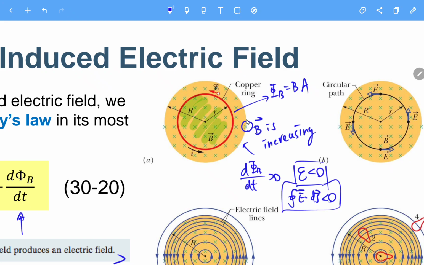In this case we can determine the direction of the current still by Lenz's law.